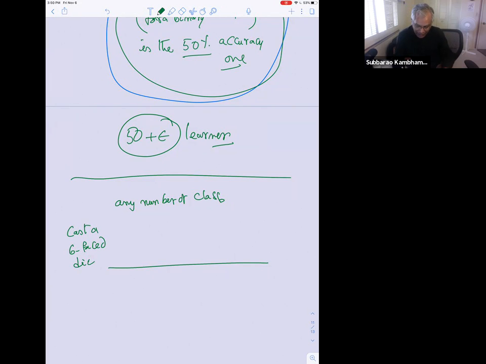Basically, something which guesses with 1/6 probability is no better than you doing the dice yourself.